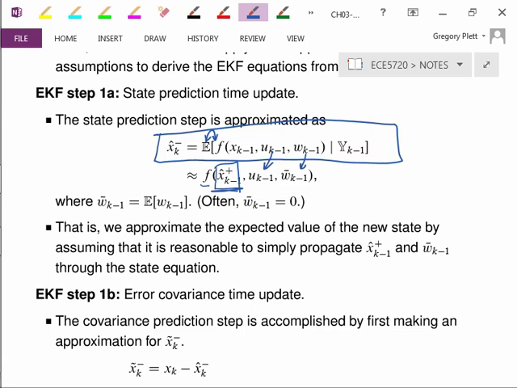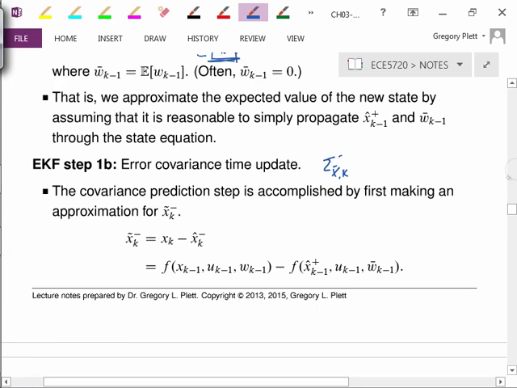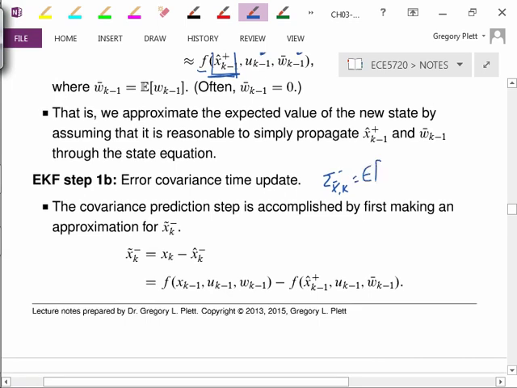Step 1b says I want to find sigma x tilde minus. I want to find the covariance of this prediction error. So first we say that's the expected value of x tilde k minus times x tilde k minus transpose.